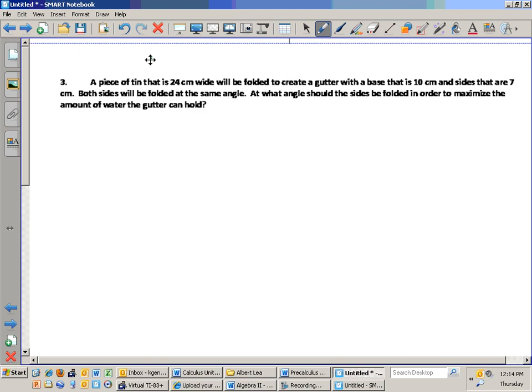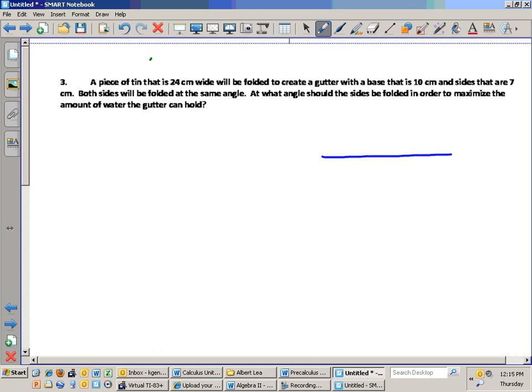So Kyle someday is going to build his own gutters. He's going to take a piece of tin that's 24 centimeters wide, and then he's going to fold it to create a gutter with a base of 10 and sides that are 7 centimeters both. Okay? So here's what he's doing.